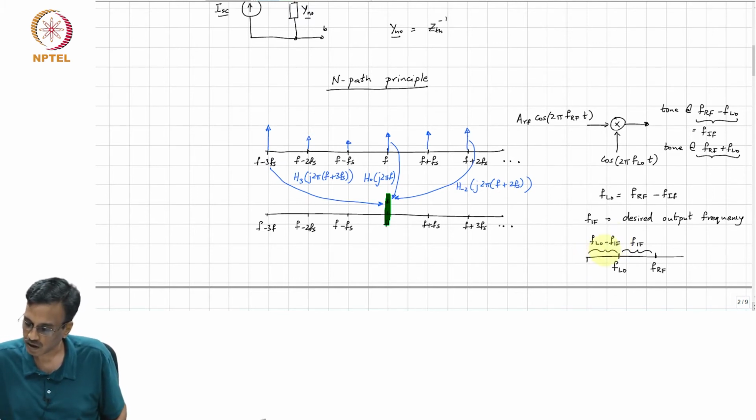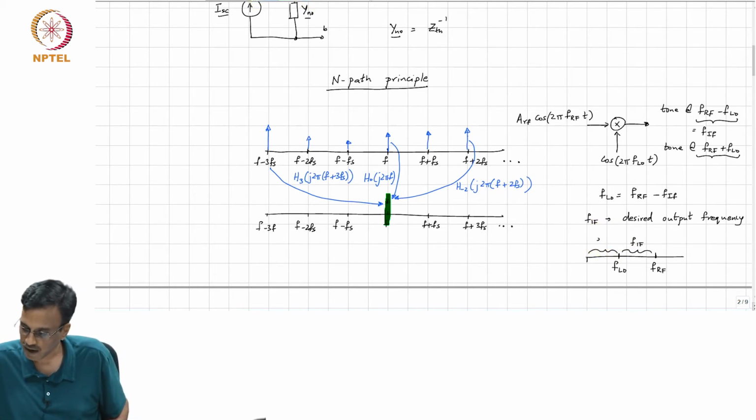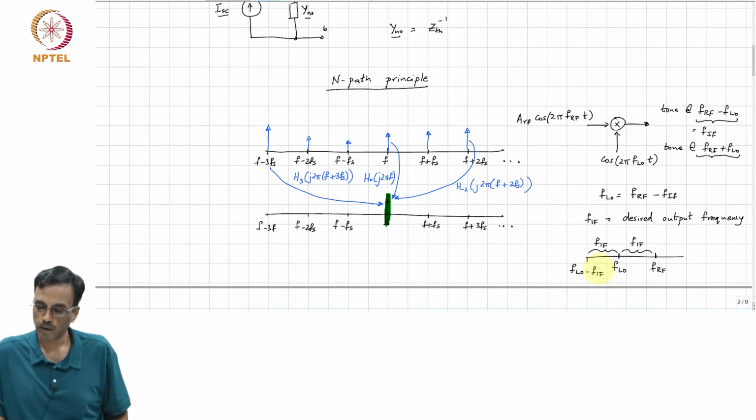So, if we had a tone which was fIF below fLO, which is fLO minus fIF, okay.